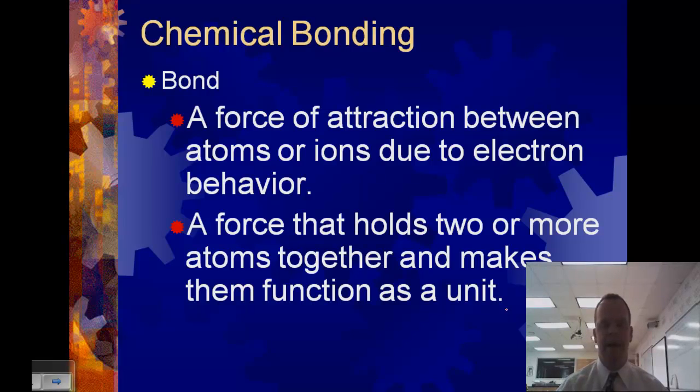In our covalently bonded atoms, we're going to have the electrons being shared, and we're going to form the different types of bonds. But it's this interaction of these valence electrons, those electrons on the outside of the atom, that determine the type of bond that's being created and give us the structure of the molecule. You could also describe it as a force that holds two or more atoms together and makes them function as a unit.